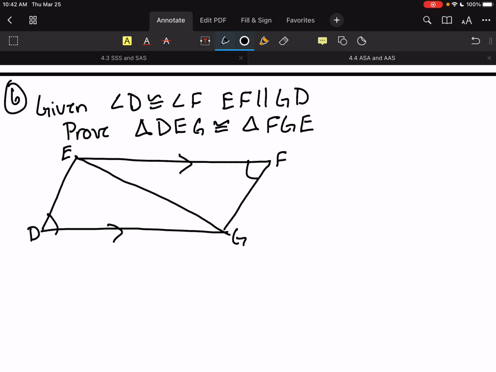All right, so you're going to fill in the proof, statements, reasons. Let me put this elsewhere because it's going to be really squished. All right, statements, reasons.